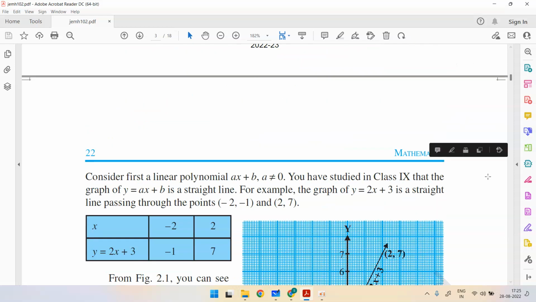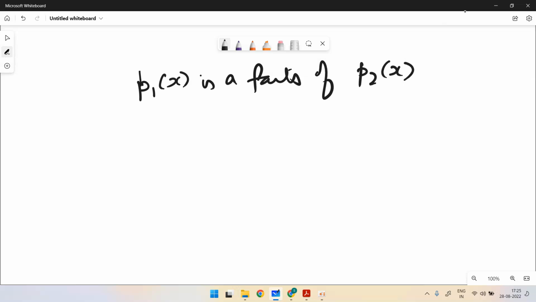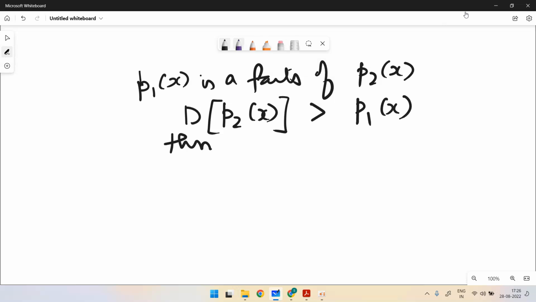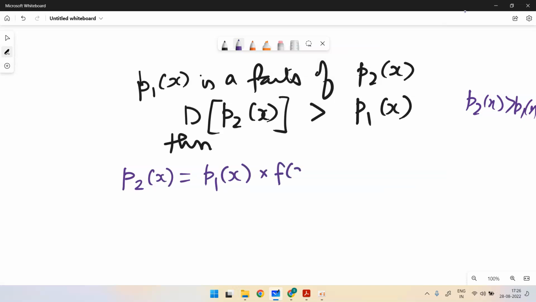Now, one more thing. What if p1x is a factor of p2x, where the degree of p2x is greater than the degree of p1x? Then p2x can be written as p1x into, suppose, fx plus gx.